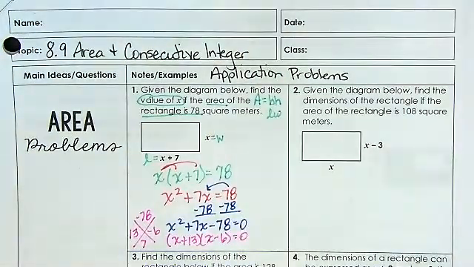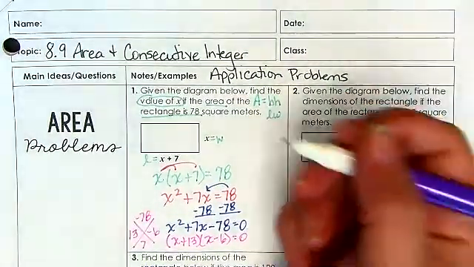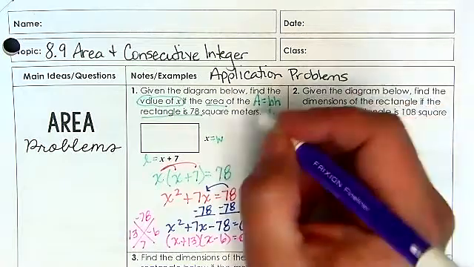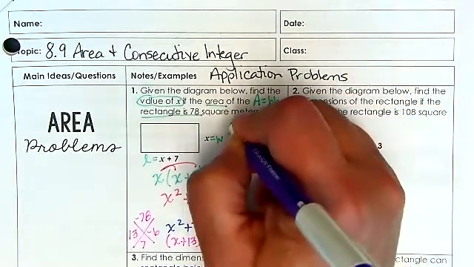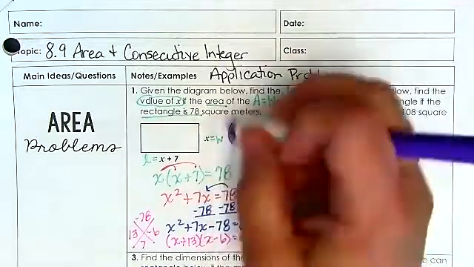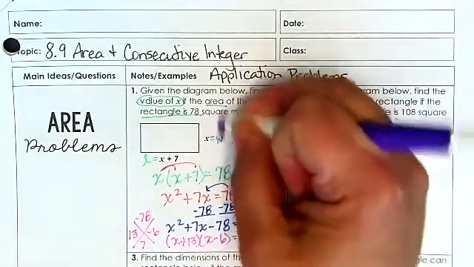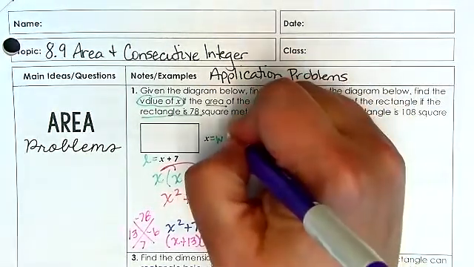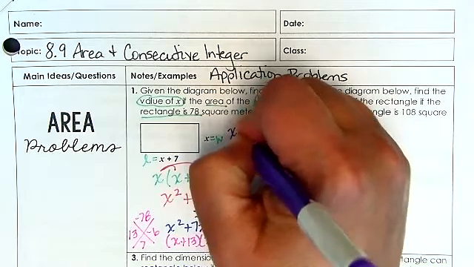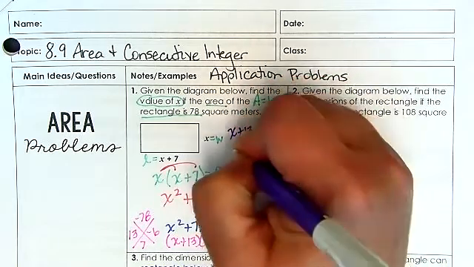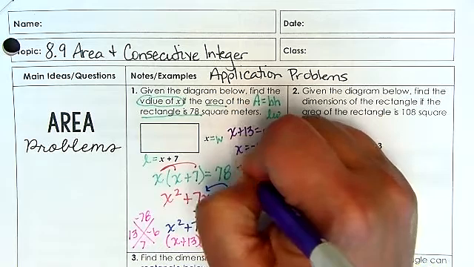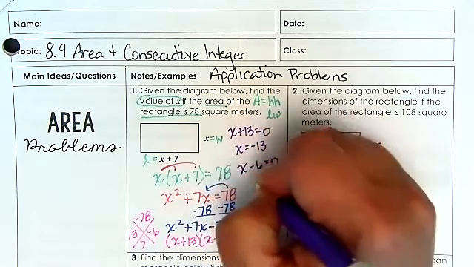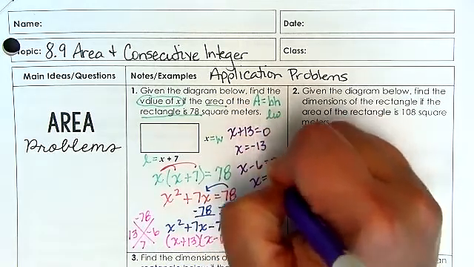Then we set each factor equal to 0. x plus 13 equals 0 gives me x equals negative 13, and x minus 6 equals 0 gives me x equals 6.